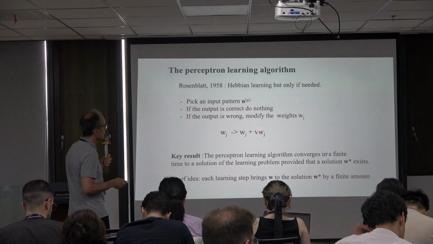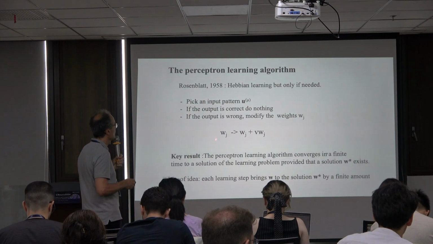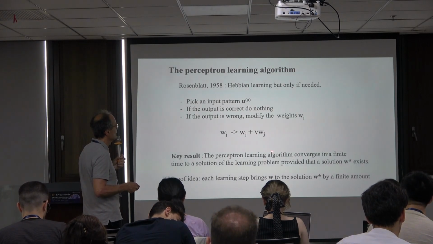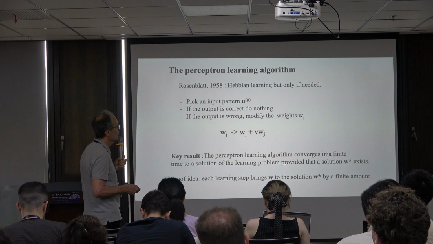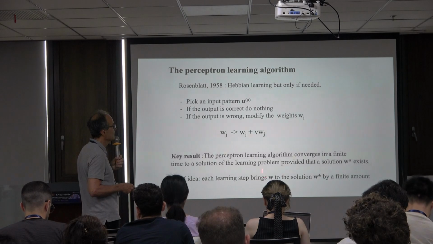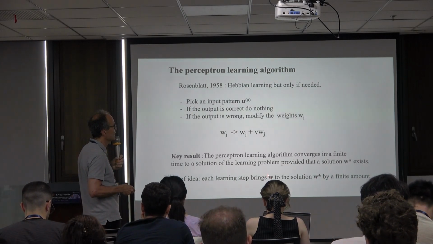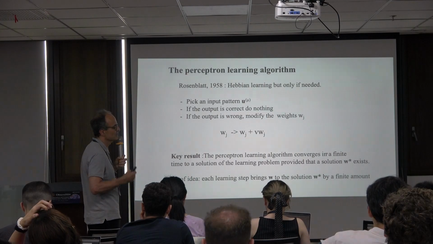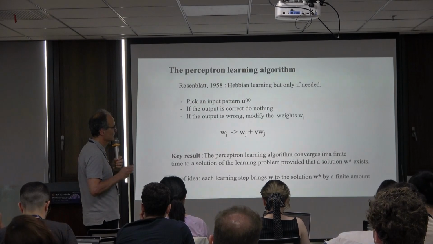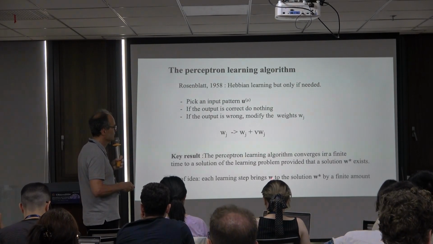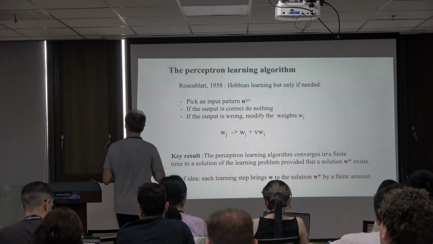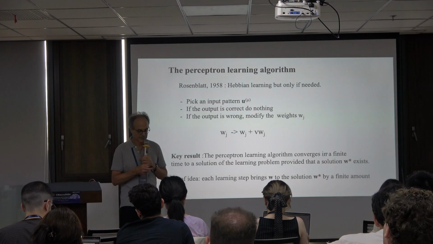So you depress or increase the weight. And so the key result of Novikoff is that with this procedure, if a solution exists, you find it in finite time. Because each time you do this procedure, this vector goes closer to this one by a finite amount. So that's a nice result.